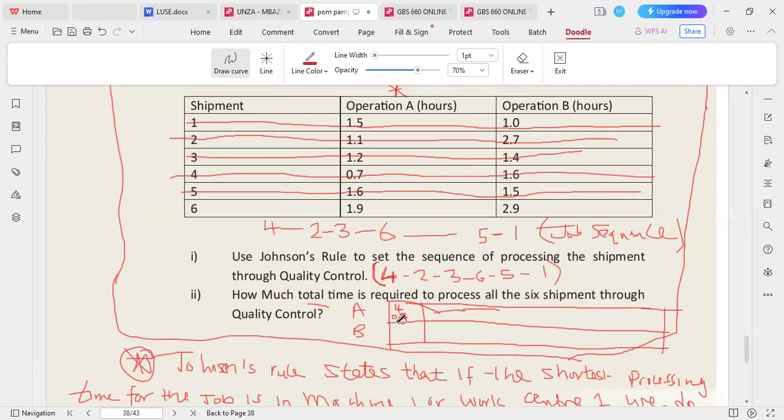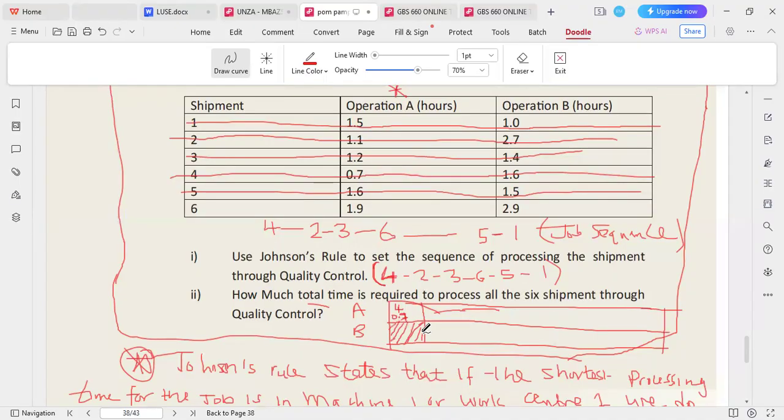that since it's the same job, or the same shipment, that should be worked on as we look at operation B, at this time there is idle time because the people in department A are waiting for it to be fully completed here in A. That's when they can start working on it in operation B. So there is idle time.